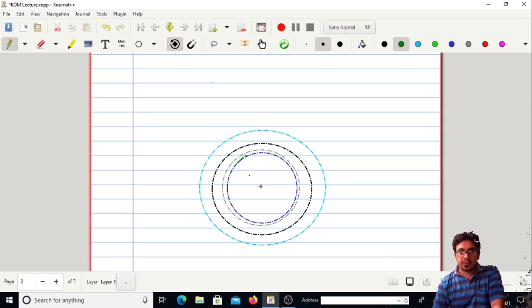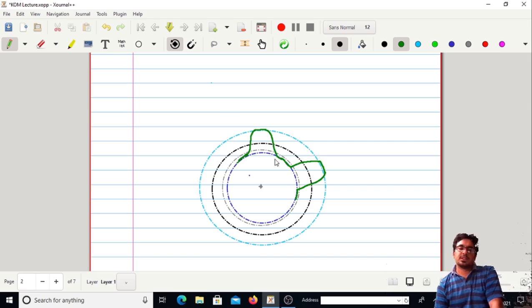If I try to draw the teeth of the gear, this is the first tooth of the particular gear, then the corresponding second tooth, then the third tooth, and so on.